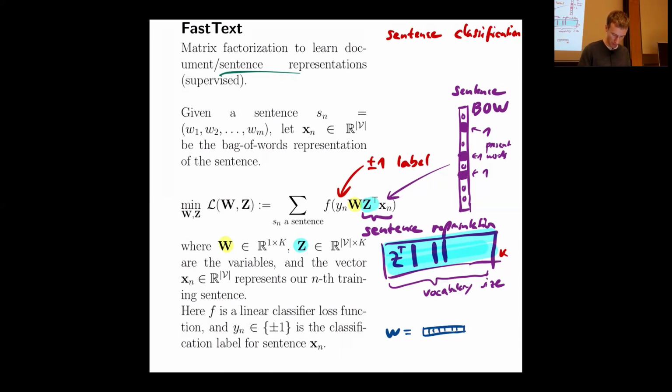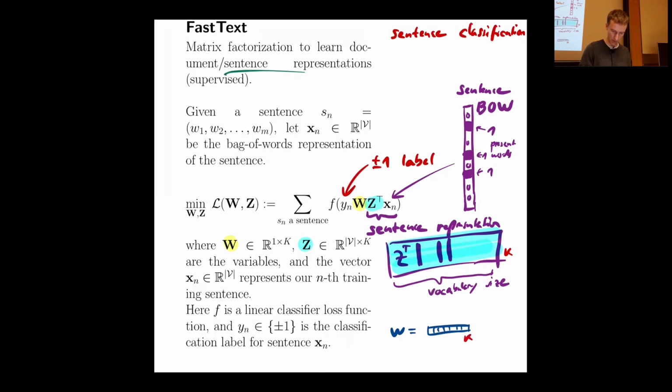With the label, what this says is that the positive sentences should have a positive score, and the other class of sentences should have a negative score. So F here is really a standard linear classifier loss function, and the label is already here. You could even use the identity here. You just want this to be positive. But you can also think of it as logistic regression.